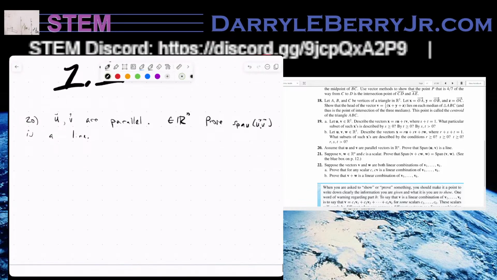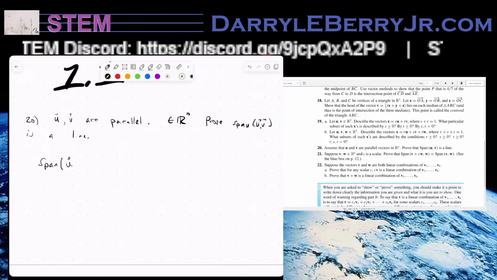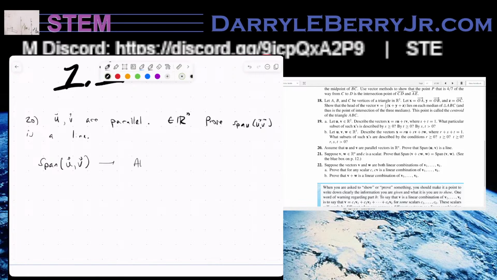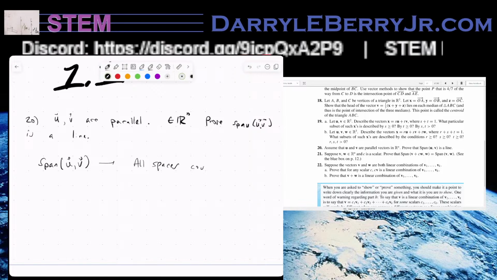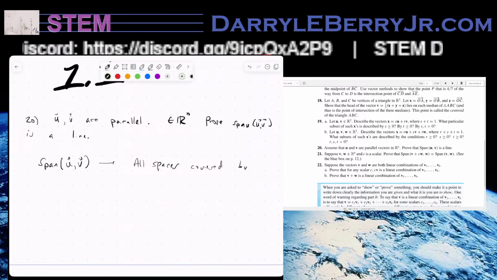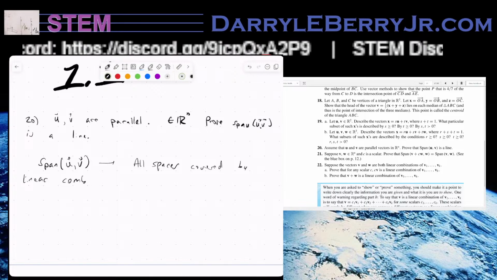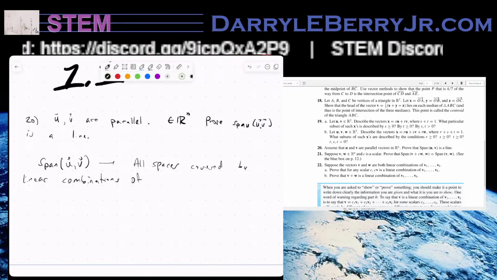So basically span of two vectors means that it's all space covered by linear combinations of u and v.